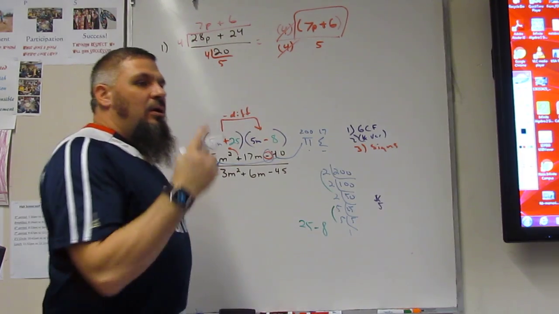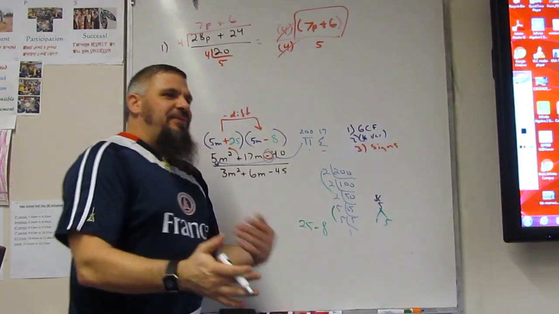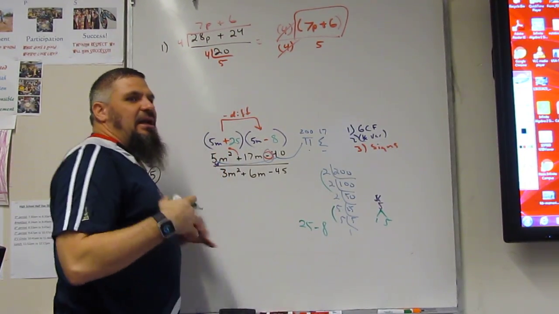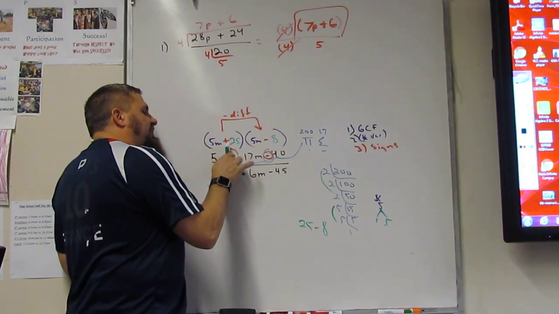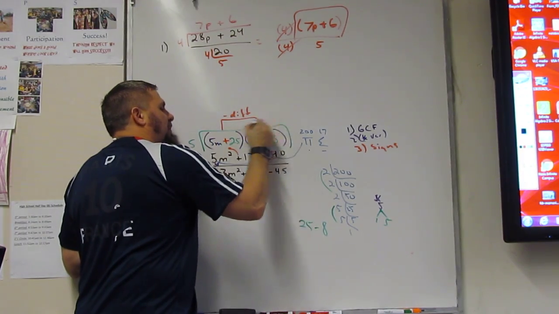Now 5 has a 1 and a 5. That's really only factors, because 5 times 5 is not 5, so I've got an extra 5 in there. I've got to pull out a 5. Which one can I pull a 5 out of, the first one or the second one? The first one. So the second one I pull a 1 out of.